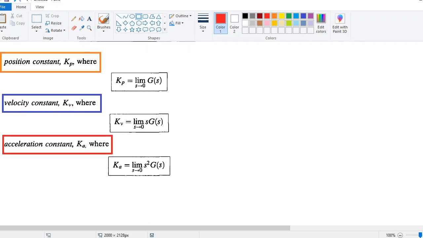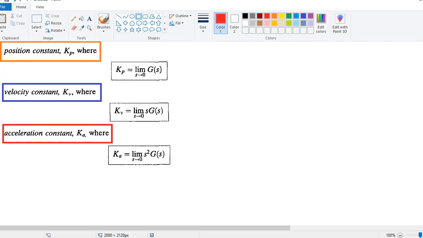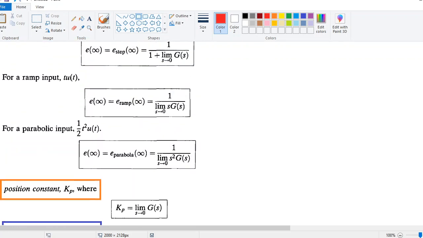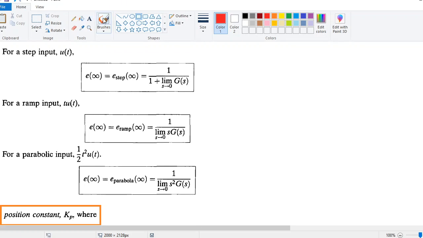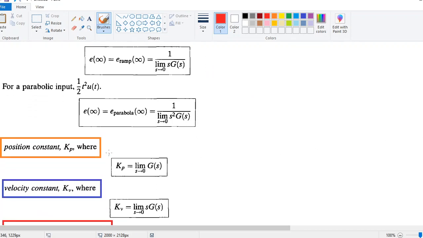Okay, so now you can substitute each of these values, Kp, Kv, Ka, back into the original equations that we derived. Let's just bring these values alongside. This will make our learning a bit easier.